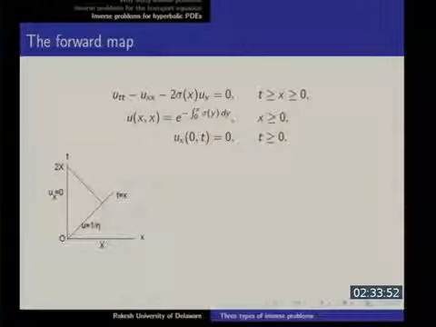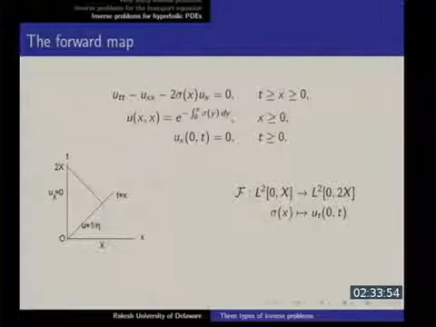So if you give me sigma, I can define a map, and you can do the right spaces and everything. You take any sigma in L2 of (0,x), and instead of u(0,t), I look at u_t(0,t). That's the right space for it. This is what your measurement was. Remember, you're measuring what's happening at the end of the map. You're measuring u. If you know u(0,t), you can differentiate and get u_t(0). So if you knew sigma, you don't have to measure what's happening near the mouth; you can do it on a computer.